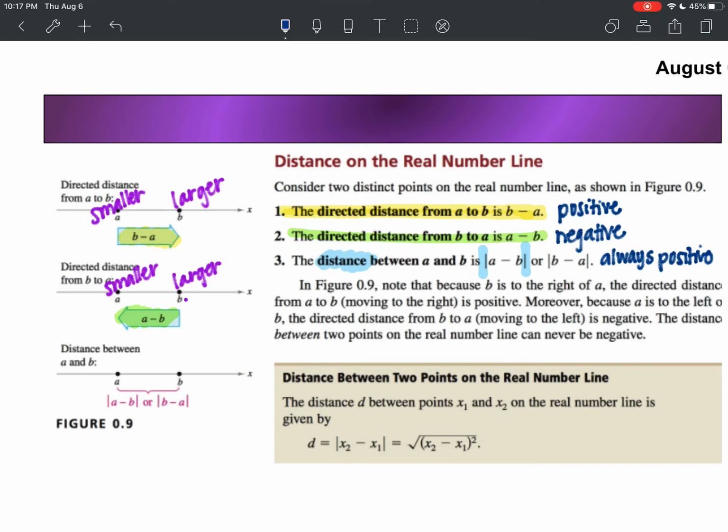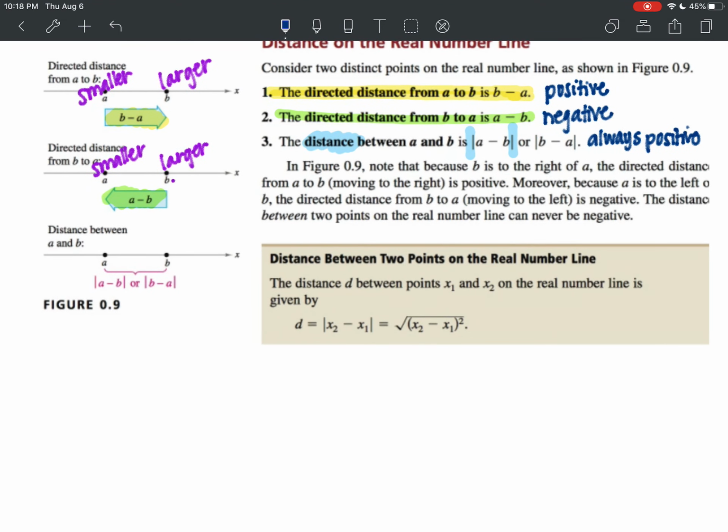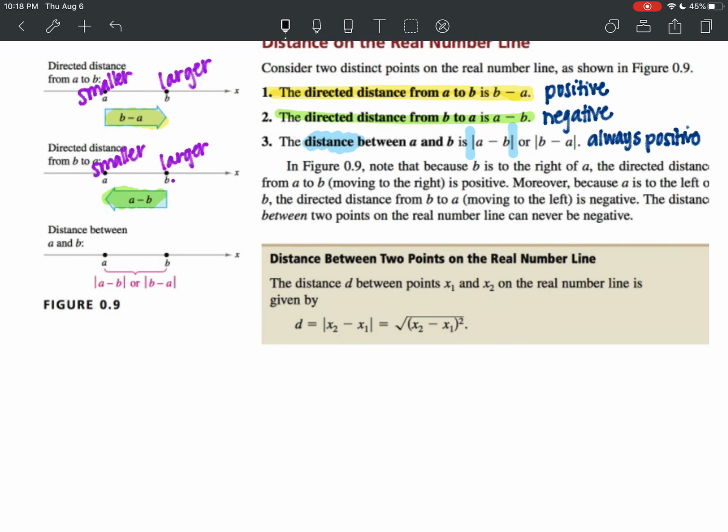The distance between 2 points on the real number line. This one's kind of an interesting one because it looks very similar to the distance formula. The distance between two numbers on the number line is equal to the absolute value of one value minus the other, which is also equal to the square root of the square of their difference.